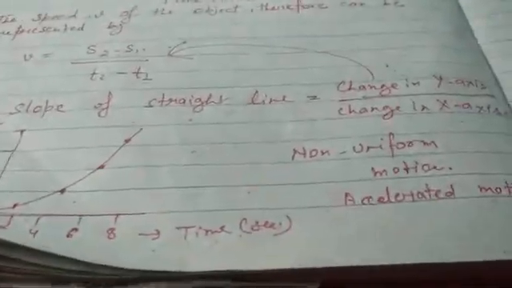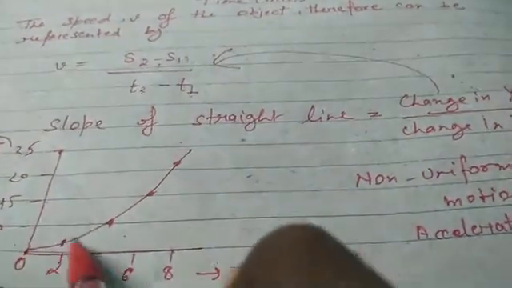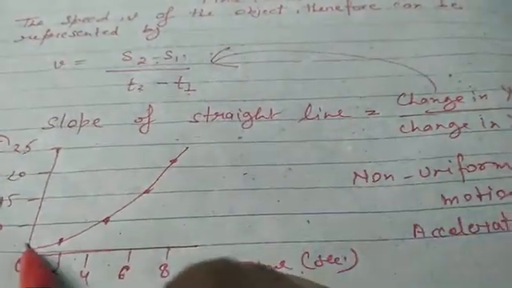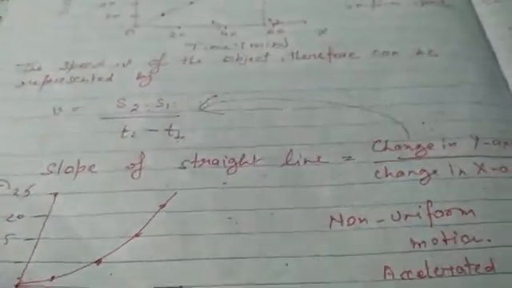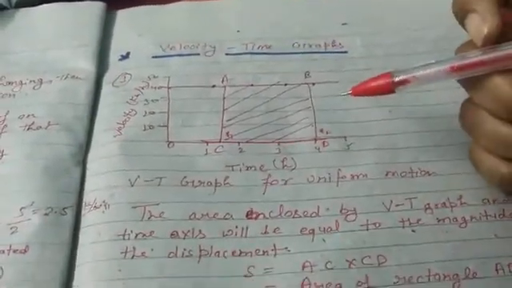Now come to the distance time graph of a non-uniform motion. If we have non-uniform motion, then we will find this kind of curve, because here the velocity is changing in a non-uniform way. Now come to the second graph, that is the velocity time graph. From the velocity time graph we can find two physical quantities.